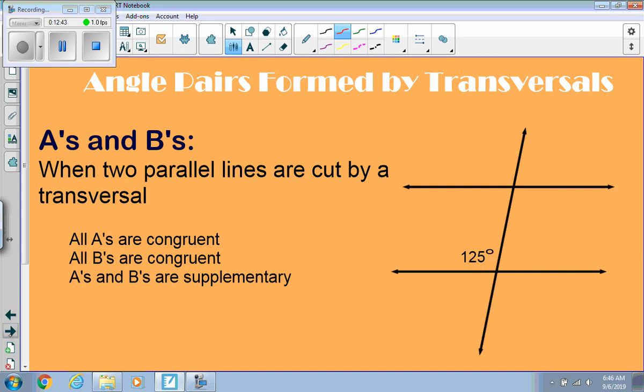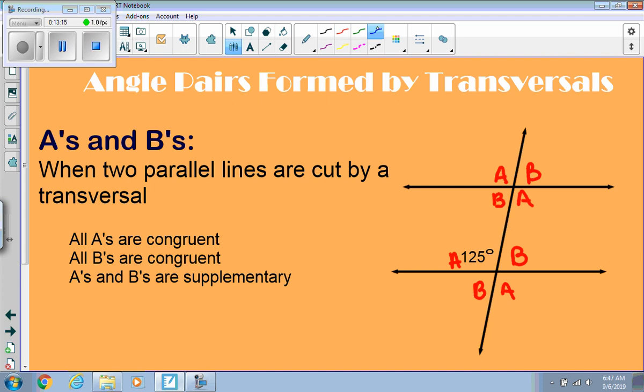So if we look at this example, we can fill out the rest of it by knowing our A's and B's. So I'm going to label everything with my A's and B's. And everywhere I see an A, it's going to be 125.